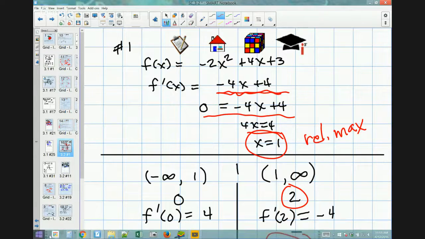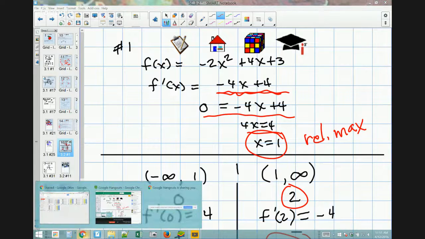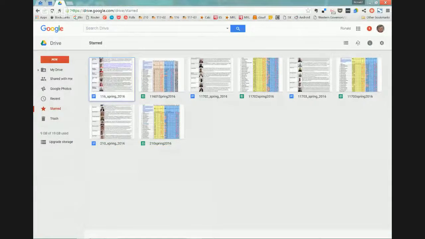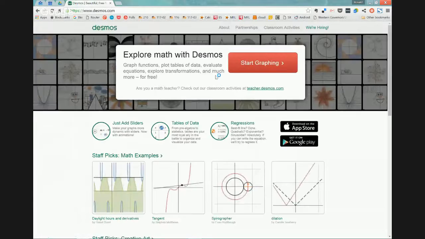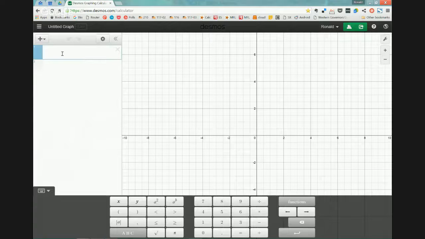All right, so we'll quickly open up Desmos and enter negative 2x squared plus 4x plus 3.